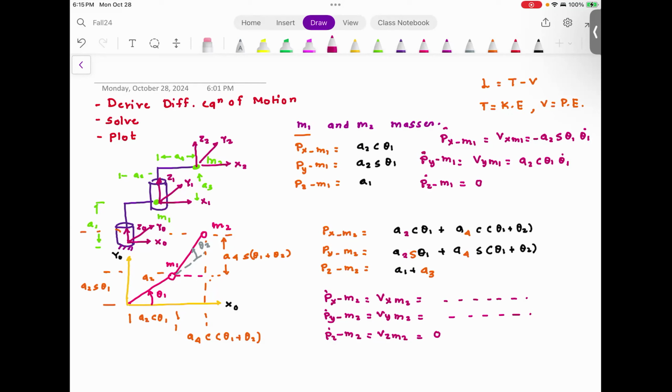In this particular problem, everything else is massless, except there is mass M1 and there is mass M2. M1 is conveniently located where the frame 1 is, X1, Y1, Z1, and M2 is located where the frame 2 is, which is X2, Y2, and Z2. Okay, everything else is massless.